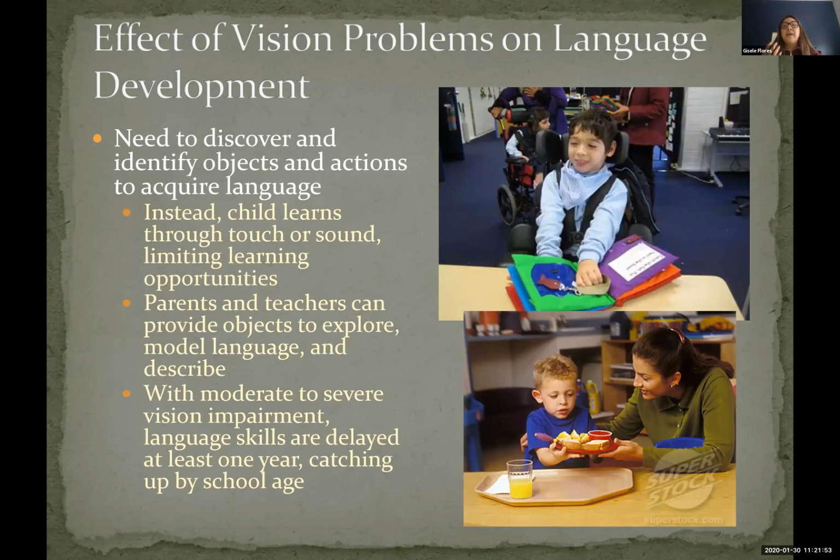Instead of that child learning the way that we were talking about, children who learn, they see something, they connect it to a word. Children who are blind or visually impaired have to use the rest of their sensations. And so as educators or as professionals, we can do things like put actual objects in their hand, and as they're feeling it, tell them, do you feel that? That's a leaf from a tree.